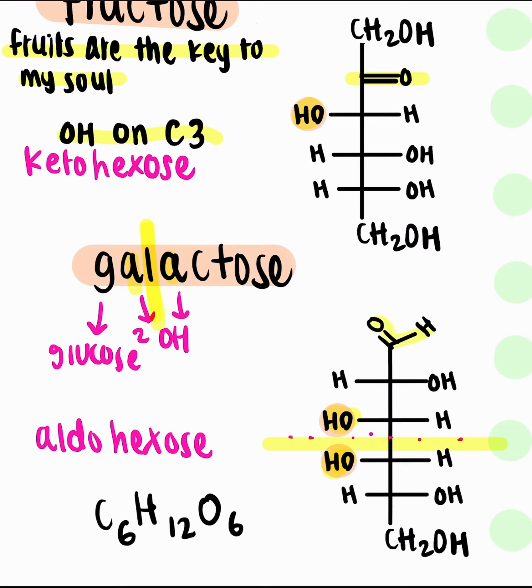I mean, obviously this aldehyde and CH2OH is not the same, but other than that, it has the same structure. So do with that what you will, but that's how I'm going to remember it. So again, it's like glucose, but it has two OHs, one on the third and one on the fourth. And again, it's an aldohexose.